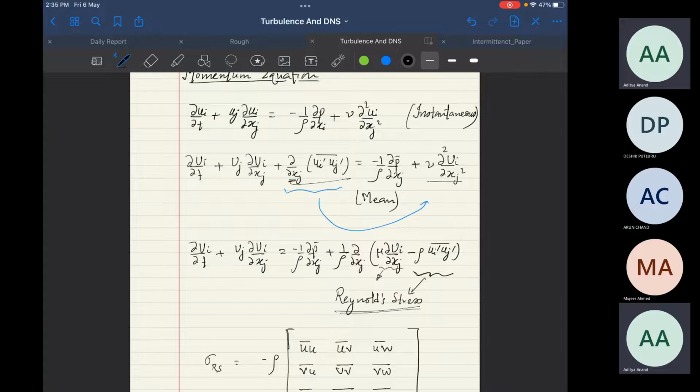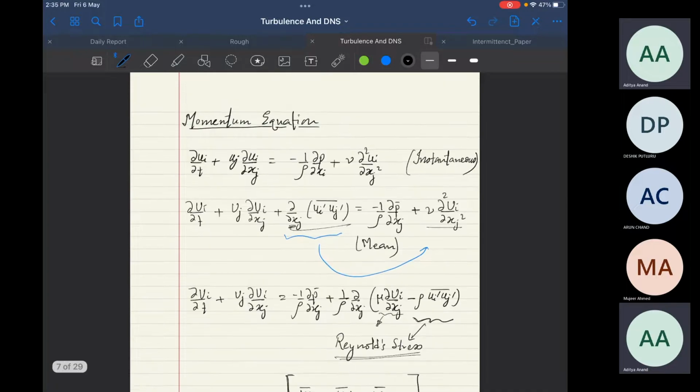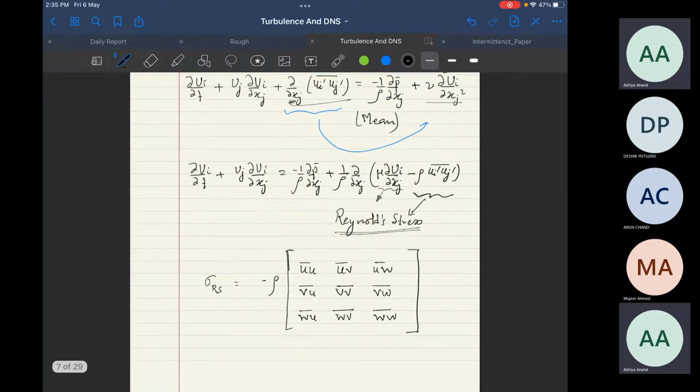So when you average the momentum equations using Reynolds decomposition, you get an additional term on the right hand side here, which are called the Reynolds stresses, and the source of these terms is the non-linear term on the left hand side. So this equation here is called the Reynolds averaged Navier-Stokes equation, or the RANS equation, which is used for RANS modeling.